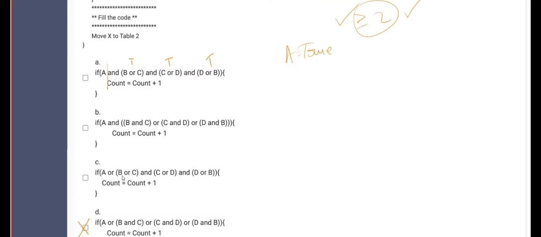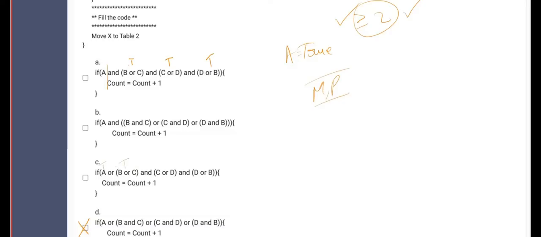And let us see option C. If A is true, or B or C. If we take mathematics and physics as the subjects, and this is true, let us think this. C is for chemistry, right? So true and true, this is also true.